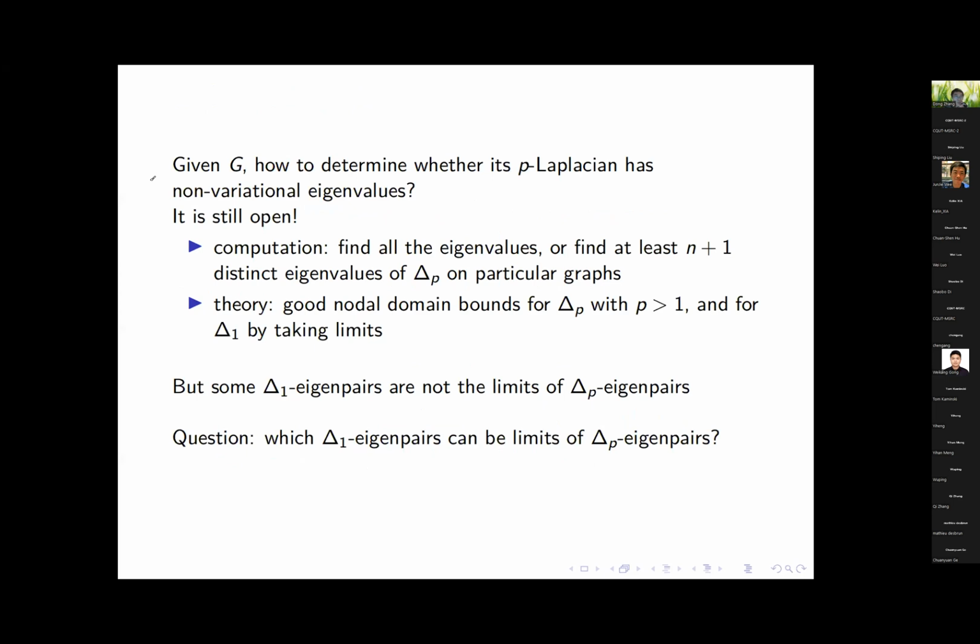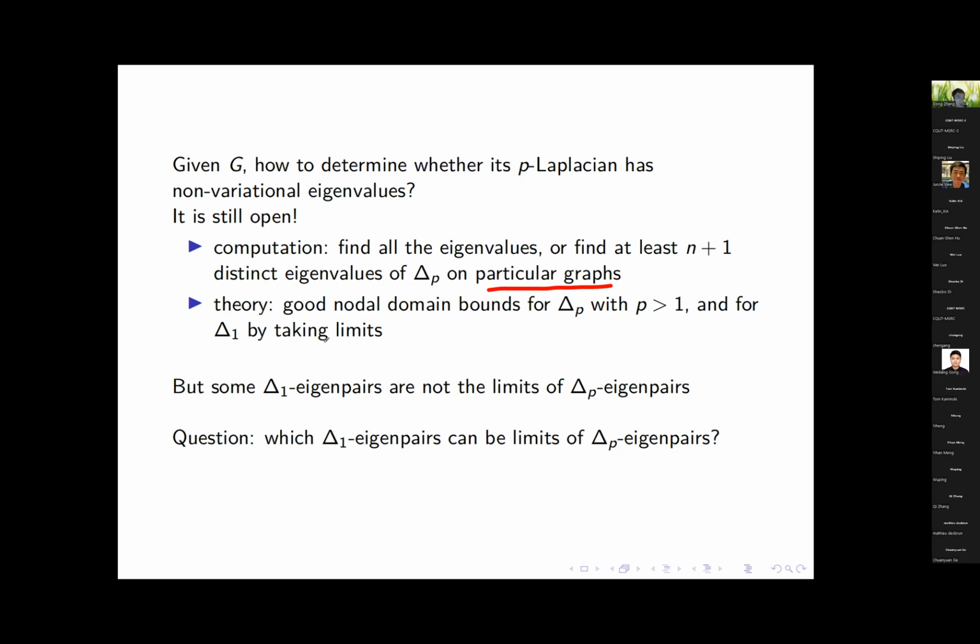So a natural question is that for a given graph G, how to determine whether its p-Laplacian has non-variational eigenvalues? Of course, it is still an open question, and mathematicians tried to compute all the eigenvalues, or at least n+1 different eigenvalues, of the p-Laplacian on particular graphs, and they also tried to establish a better theory for the nodal domain bounds for the 1-Laplacian by just taking limits.